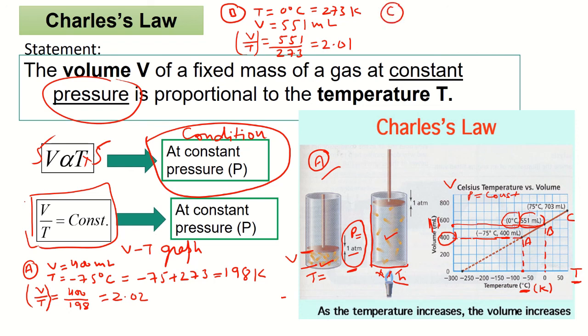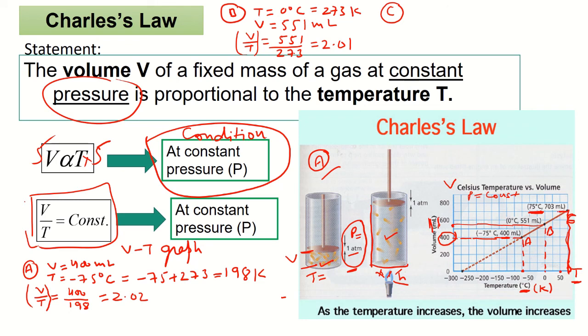For point C, the temperature is 75 here, this point is 50 and this is 75, written here. I am taking point C here. This is the temperature value in degrees centigrade: 75 degrees centigrade.